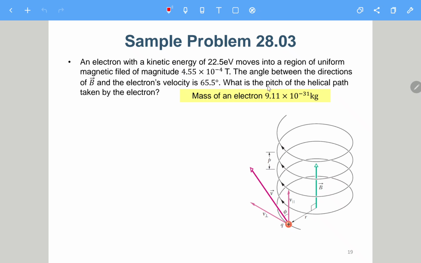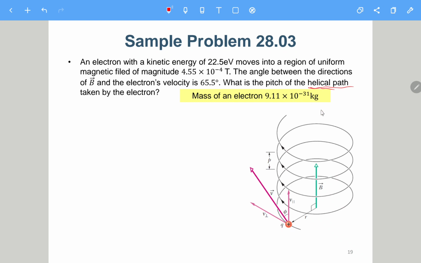So what is the pitch of the helical path taken by the electron? What is helical? Helical is 螺旋的, 螺旋形的. So this is like a 螺旋形, a helical path.